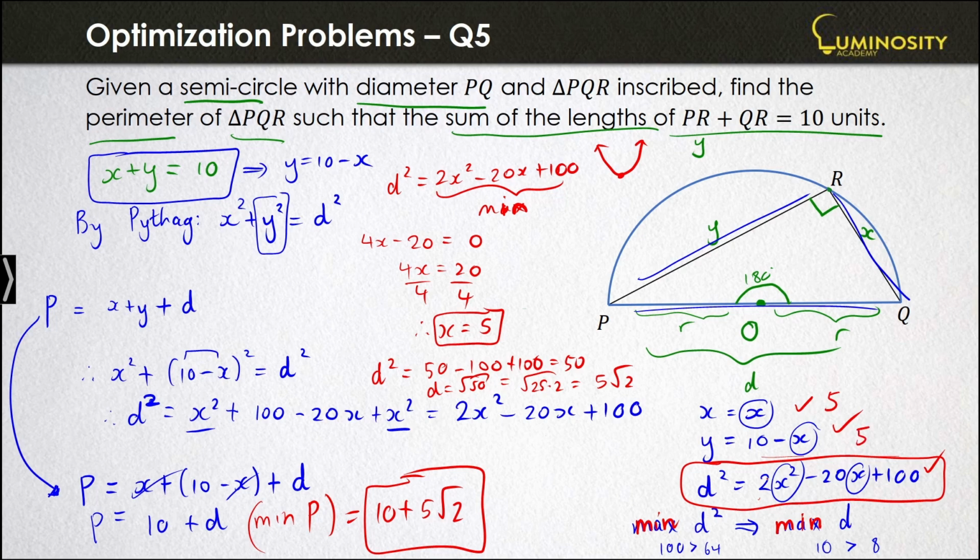And then d squared here was 50, so d was 5 root 2. So this right-angled triangle that we created, to get the minimum perimeter, had sides 5, 5, and 5 root 2. So it's actually an isosceles right-angled triangle that would minimize the perimeter here.